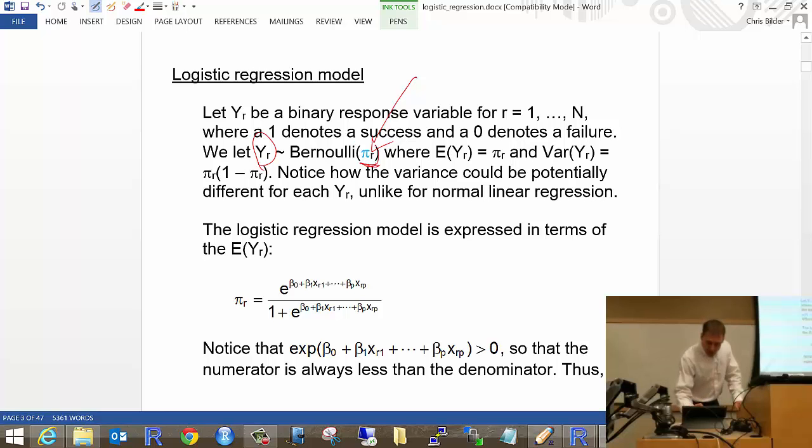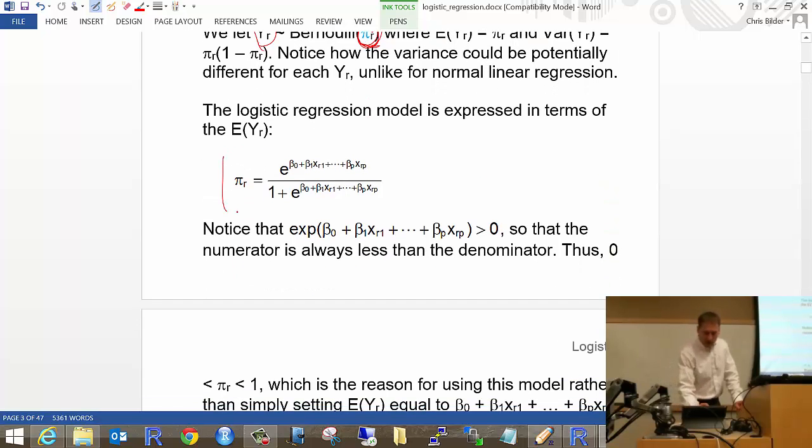Now, what we're going to do then with logistic regression is that we're going to set pi to be a function of our explanatory variables. Just like what we did with the normal linear regression model, essentially this mean, this pi, is going to be a function again of our explanatory variables. And this is what the function looks like for a logistic regression model.